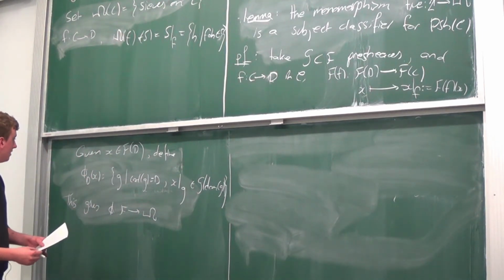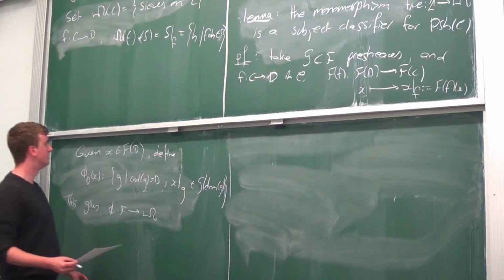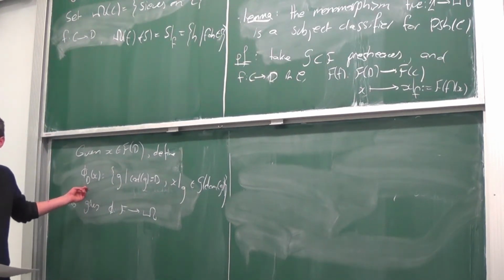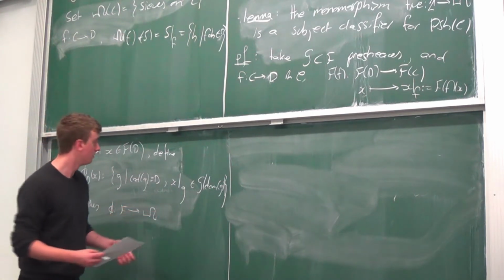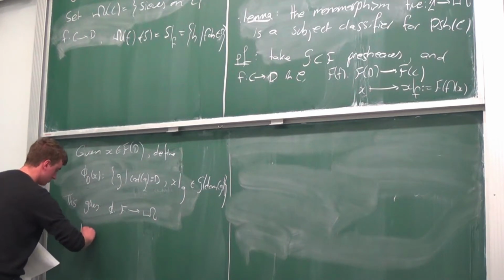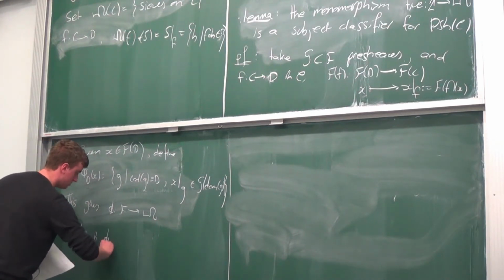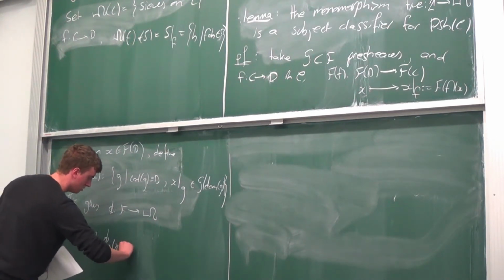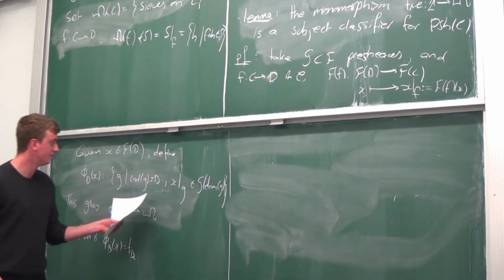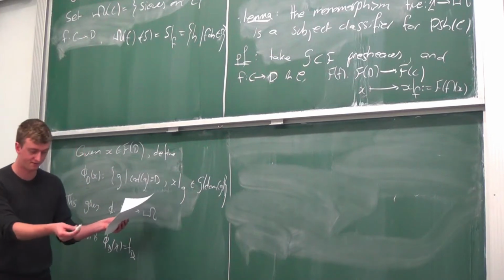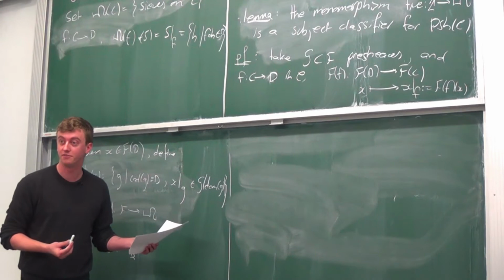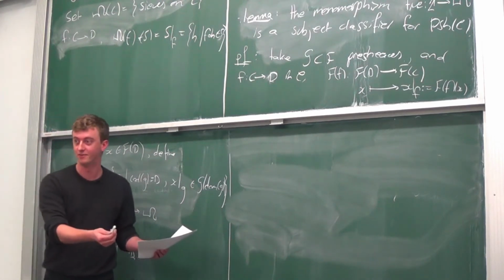All right. The next question we can ask ourselves is, when is phi D of x going to be the maximal sieve? If phi D of x is the maximal sieve, that means that every morphism into D pulls x back into G. In other words, x was in G all along.